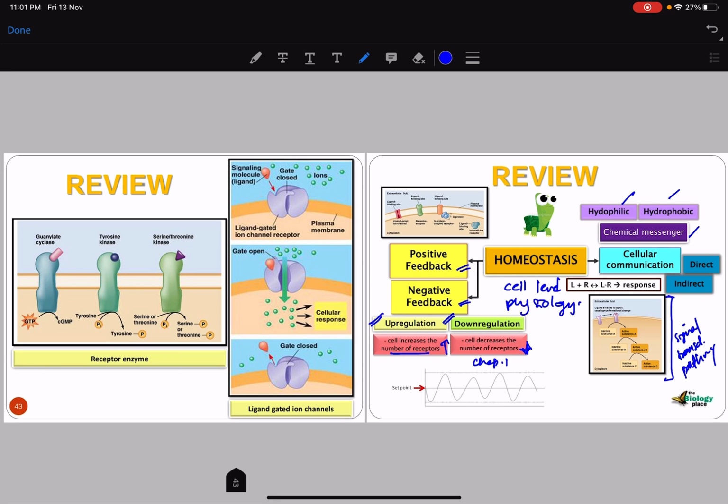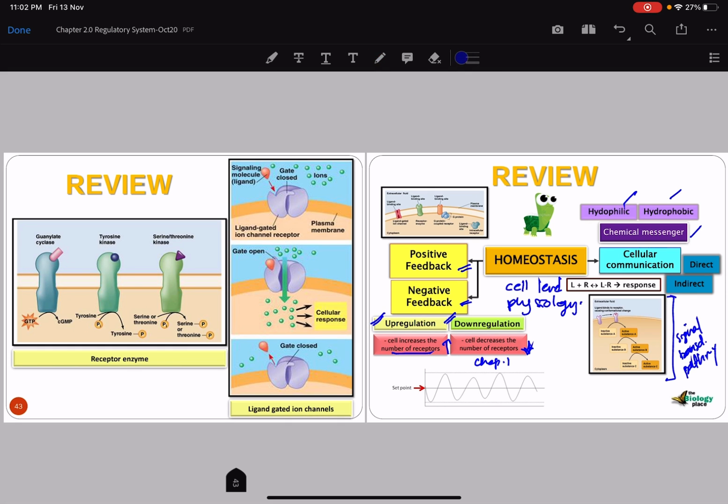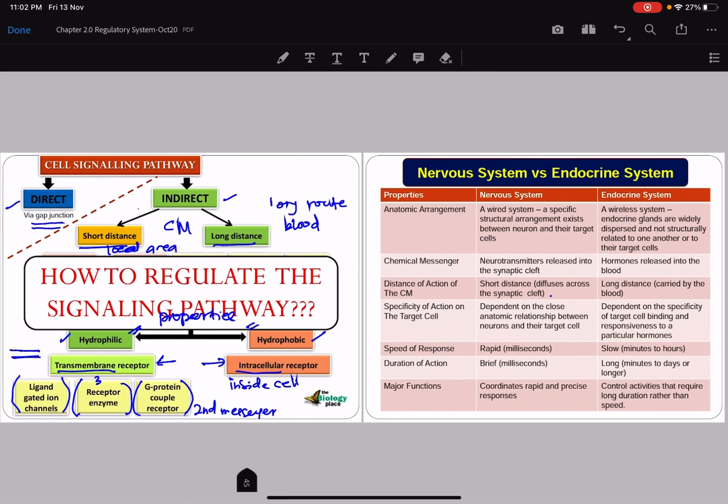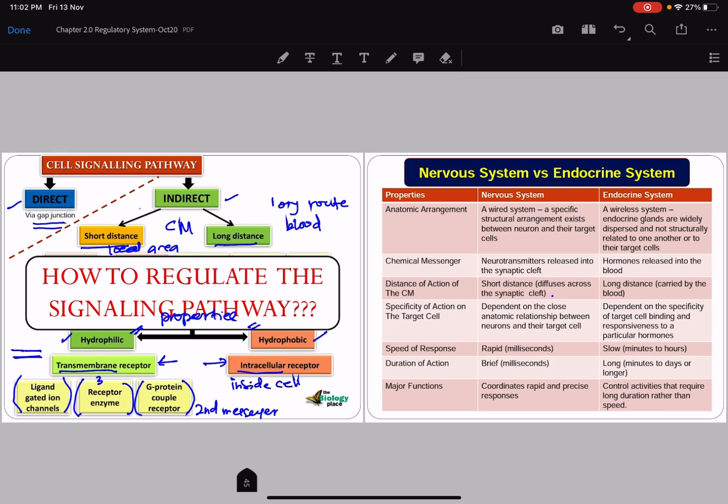All right, let's continue to the introduction to nervous system and endocrine system. Basically, when we know about chemical messengers being hydrophilic and hydrophobic, and that cells can communicate short distance, long distance, or directly, how do we regulate the signaling pathway?